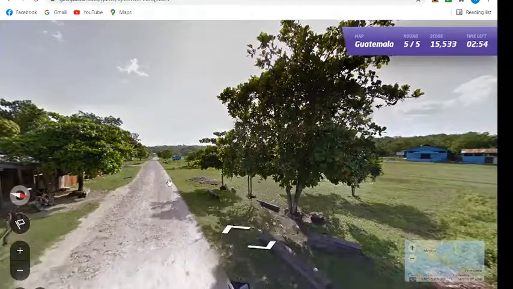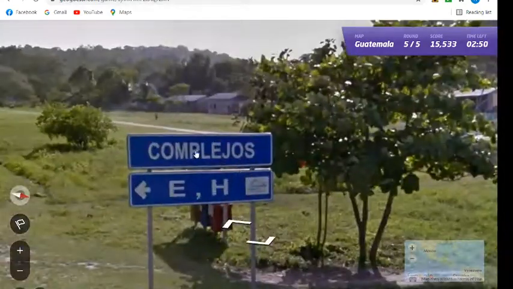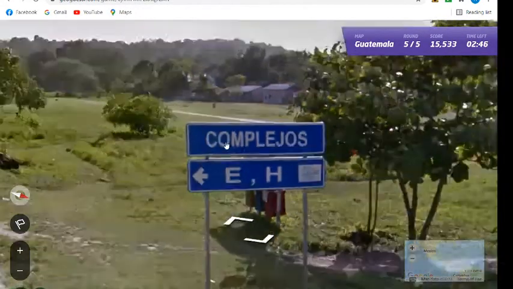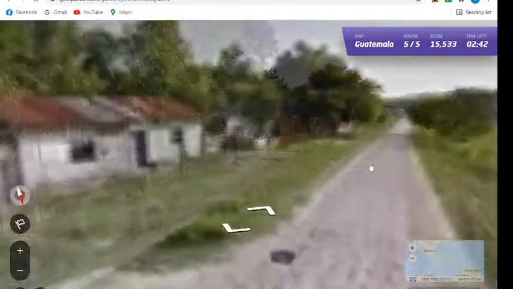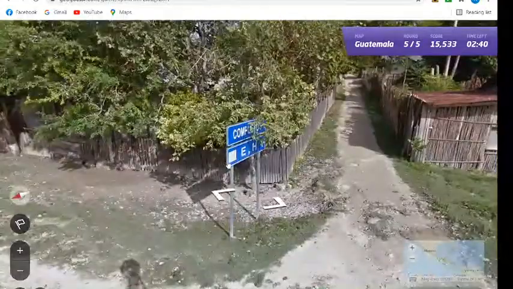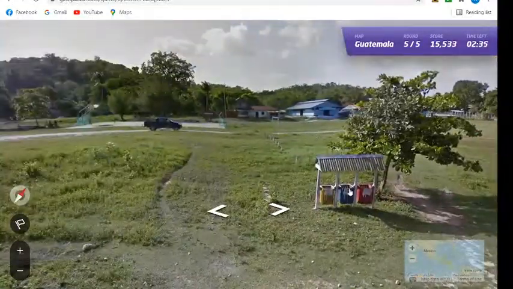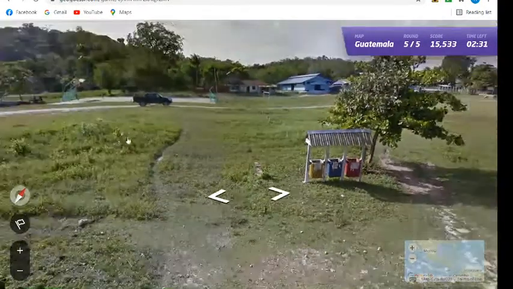Looks like I've got a silver and not a gold, which I can't remember if I had a silver on Guatemala. I think I did. Complexes E and H. We have recycling bins, right?